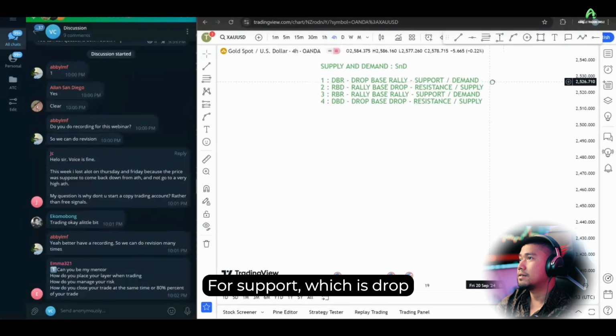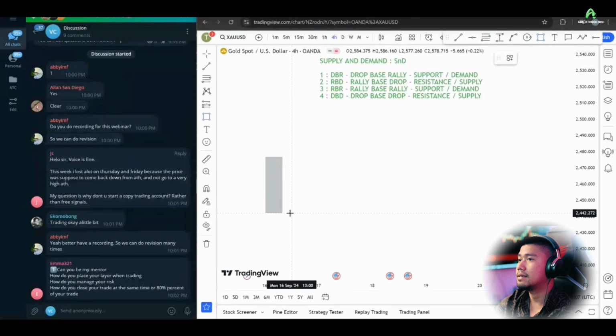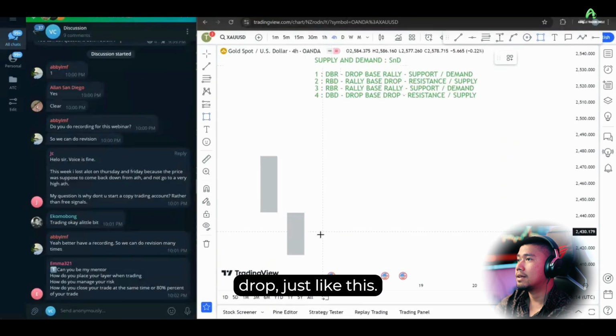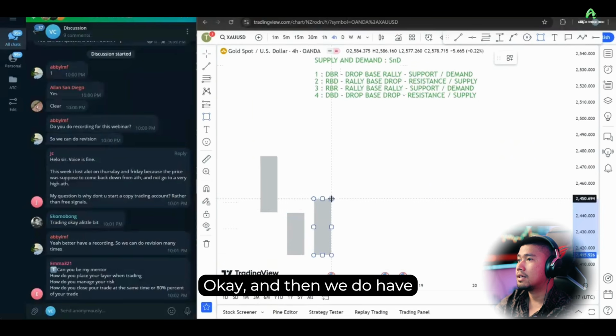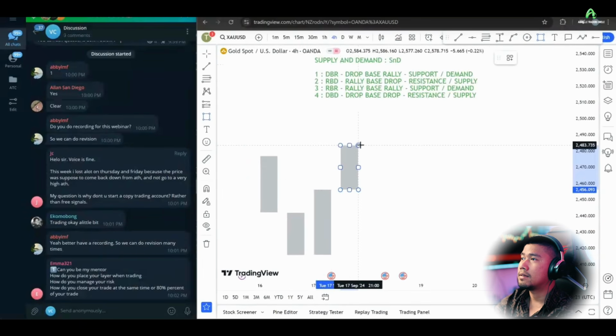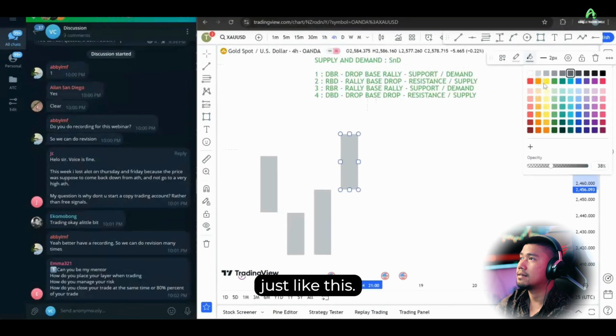For support, which is drop base rally, the pattern will be exactly like this. We have a drop candle, and then we have another drop just like this. Then we have a rally candle like this, and we're going to have another rally just like this.